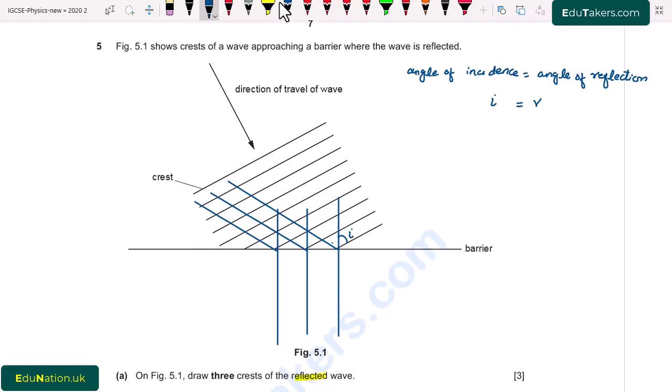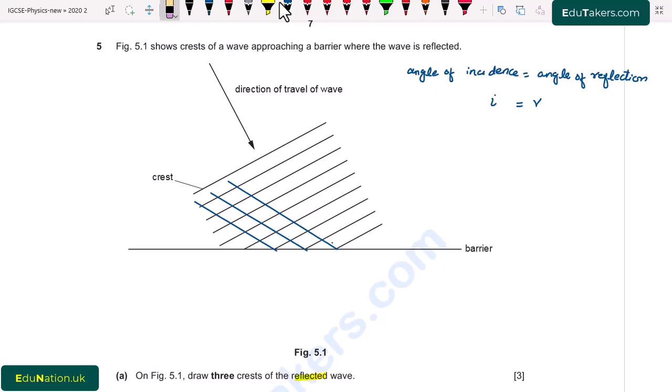So you can see here that these are the three crests of the reflected wave. Then, as we have drawn them, we have to erase all of the normal rays. So I will erase these. I also have to erase this one. Okay. So these rays basically show the three crests of the reflected wave.